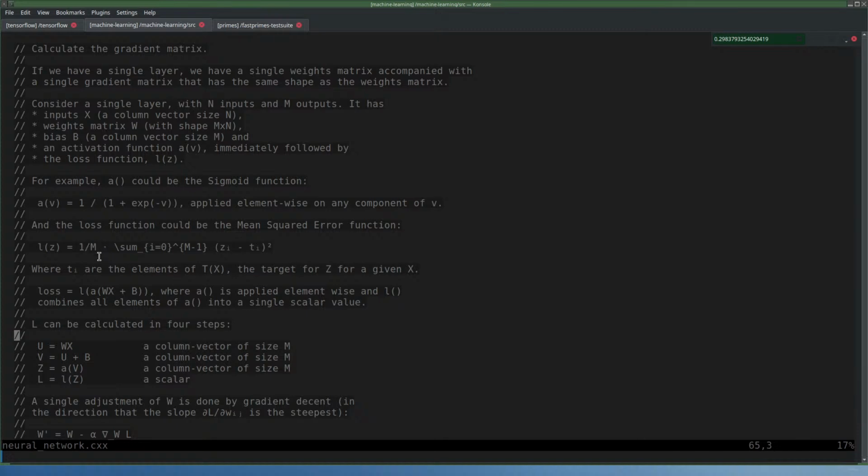No, it's not a half. Actually, it is a half here, but let's just work with this, since they have 2 inputs. Let's work with this formula.